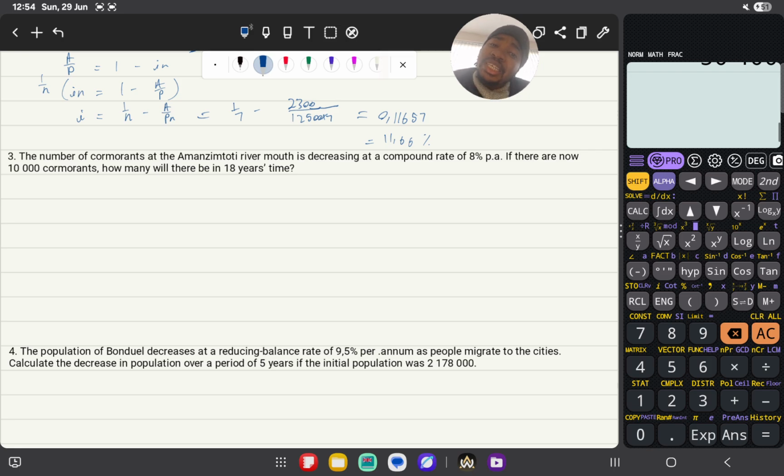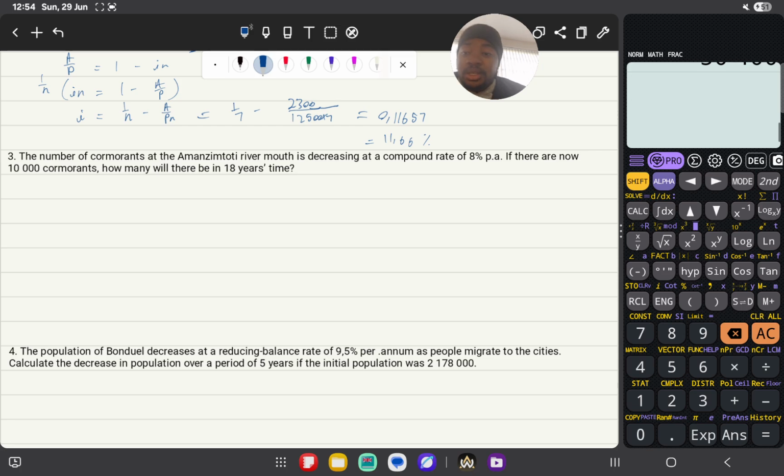We are simply calculating the value of A here. Now we have 10,000 and we're trying to find out, after 18 years, how many will be there if they're decreasing at this rate.